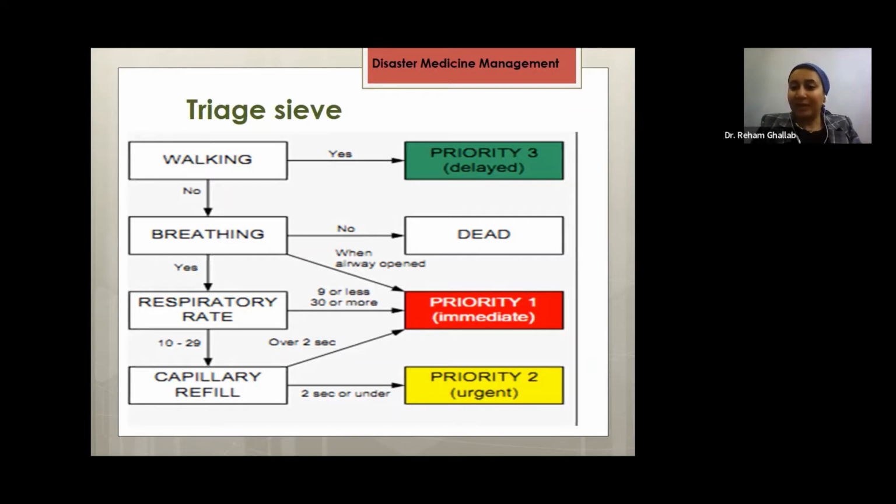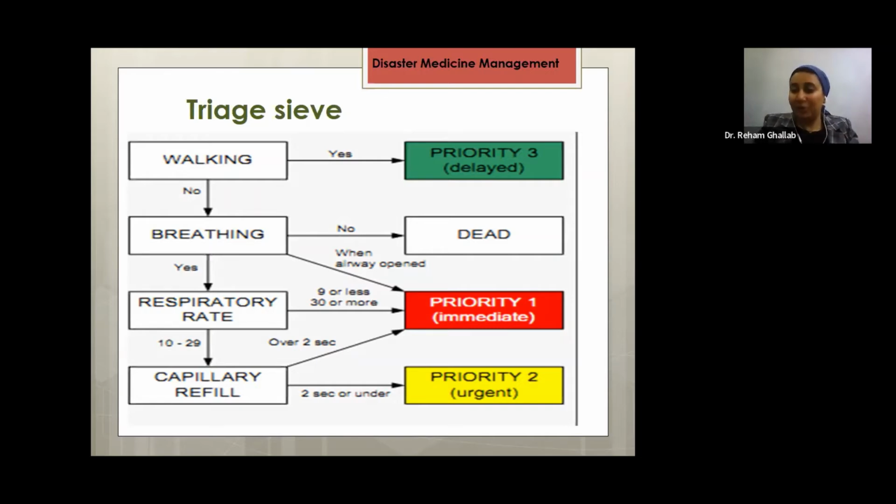We must evacuate first the immediate or priority 1, then priority 2, then priority 3. It's a dynamic process. If I have triaged and completed my casualties, then priority 2 may deteriorate to priority 1, and priority 1 may go to priority 2 or stabilize.